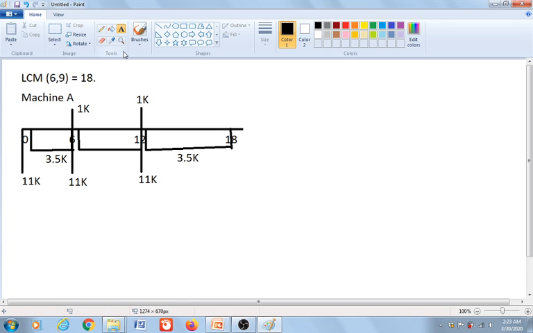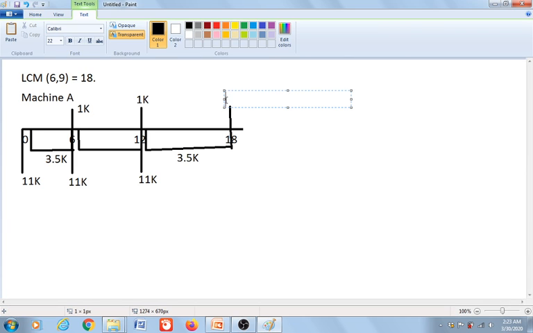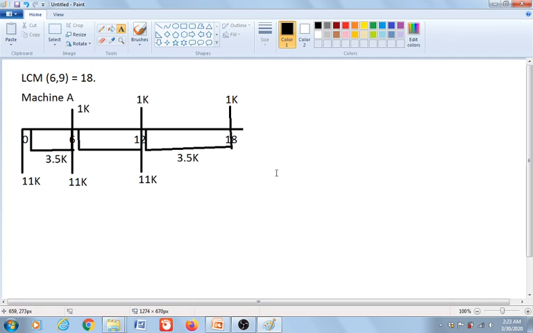And at the end of year 18, we're going to get a salvage value of 1k. So this is the cash flow for machine A.